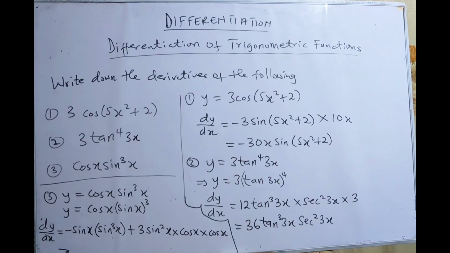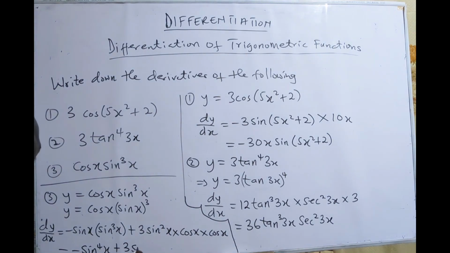So my answer is going to be minus sine x times sine cube of x, which is minus sine exponent 4 of x. Here is 1, here is 3, so we can add the exponents since it is multiplying. Then I have plus 3 sine square x.